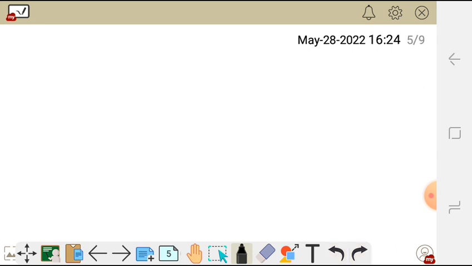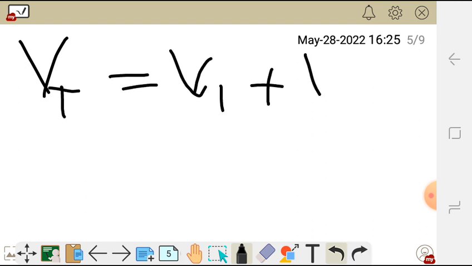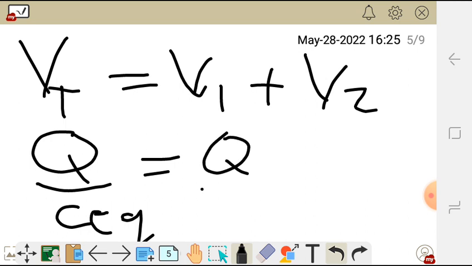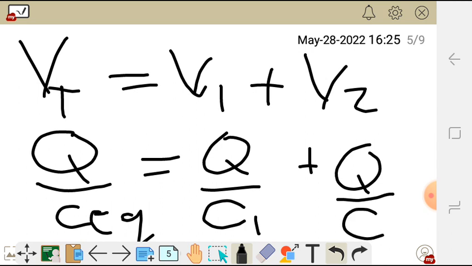We are going to say our V total, the total voltage, is V1 plus V2. Since V is equal to charge over capacitance, which is equivalent capacitance, this side is equal to charge over C1 plus charge over C2.